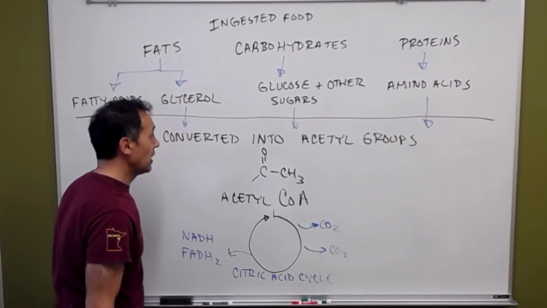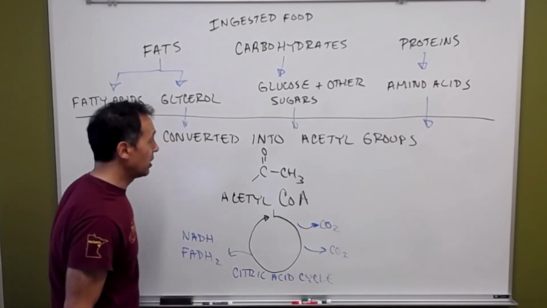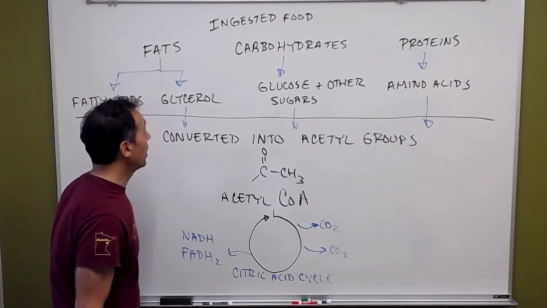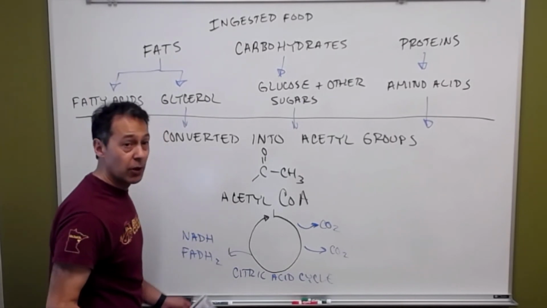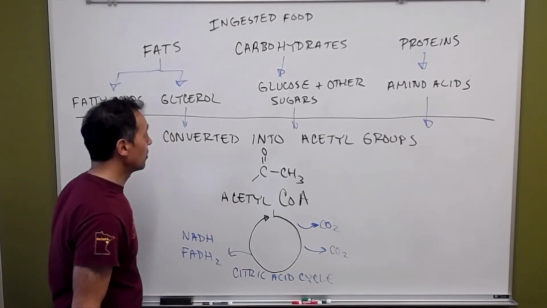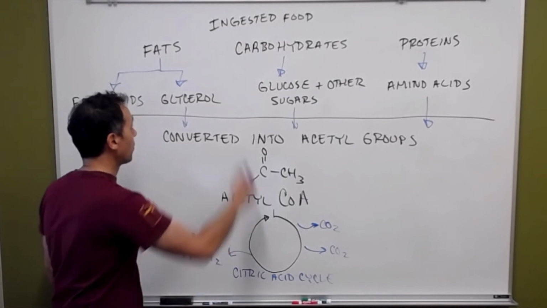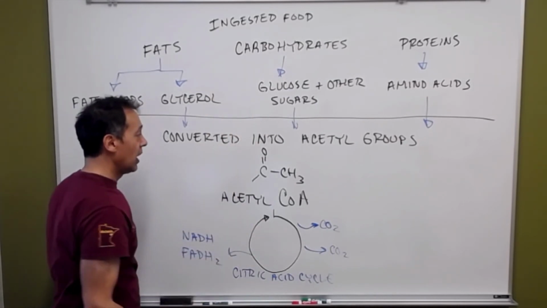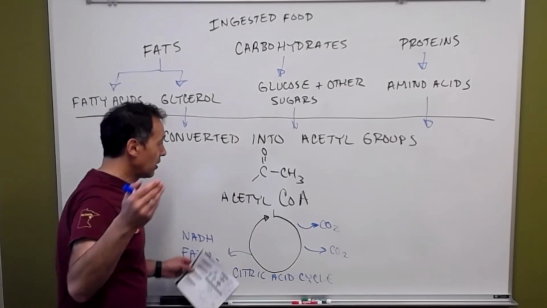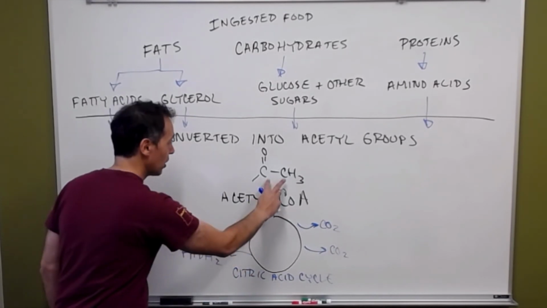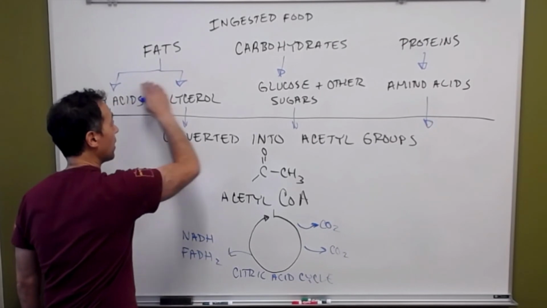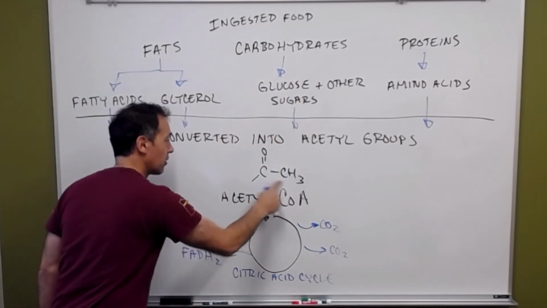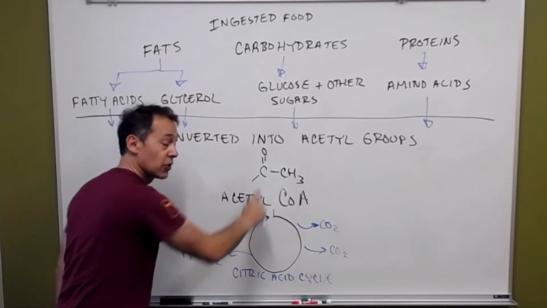All right, now the stages themselves aren't that terribly important, but what I wanted to point out to you is that we're combining all of these things that we've learned about through biochemistry, which I think is kind of cool. We're going to have to break them down into smaller pieces, and then those smaller pieces get converted primarily into these acetyl groups. So it doesn't matter if you start out with a fat or carbohydrate or protein, they all get converted primarily into these acetyl groups.